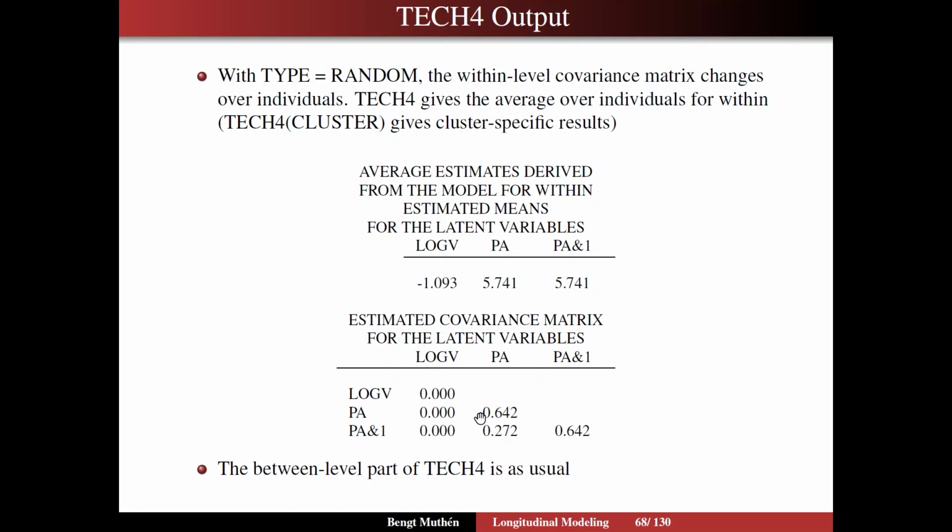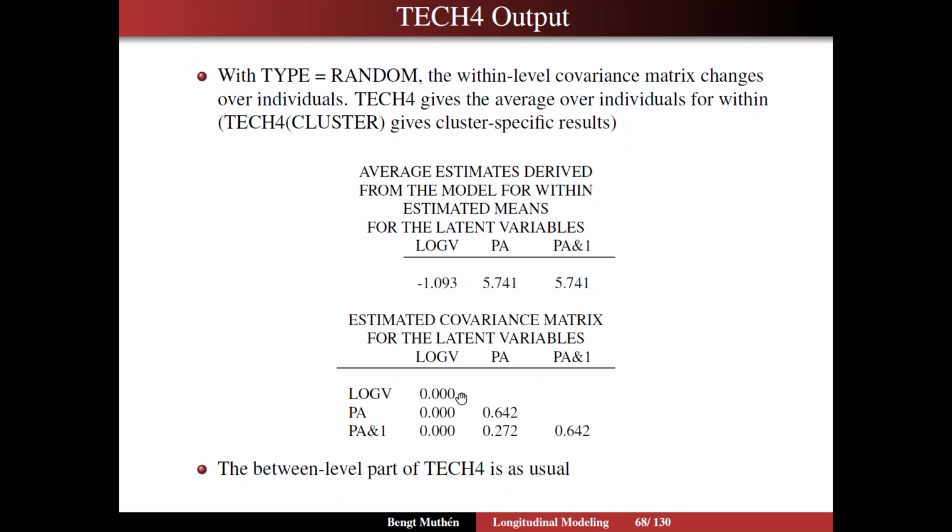It's going to be fairly close to the between level part of TECH4. All of this is within level part, but not exactly the same. It's like doing repeated n equals 1 analysis and then taking the average. It's not exactly the same way of estimating it, but they are aiming for the same quantity. Now, what may be surprising, and here for log V, we don't have any between level variation.